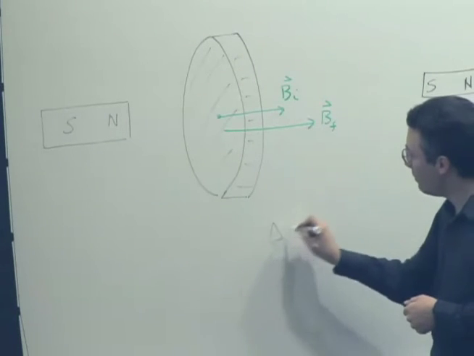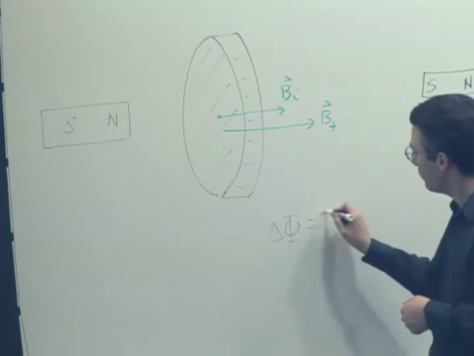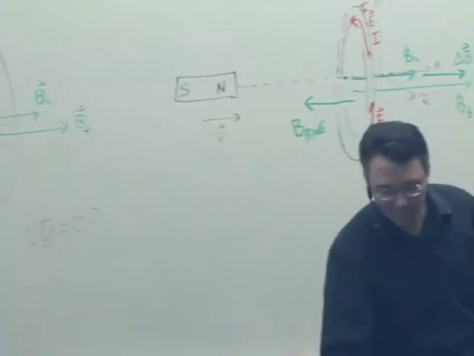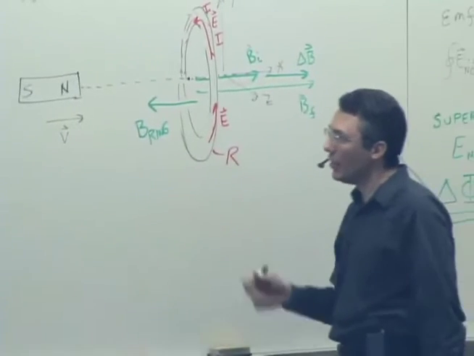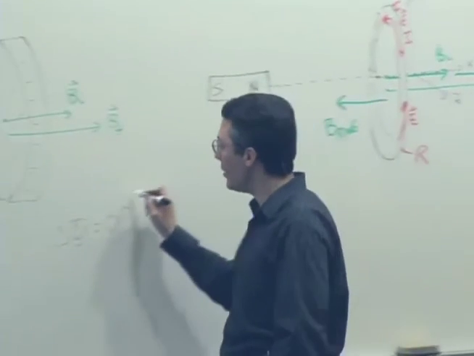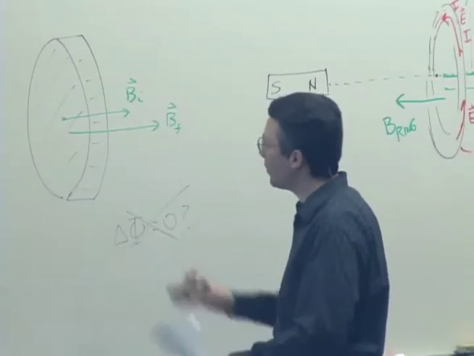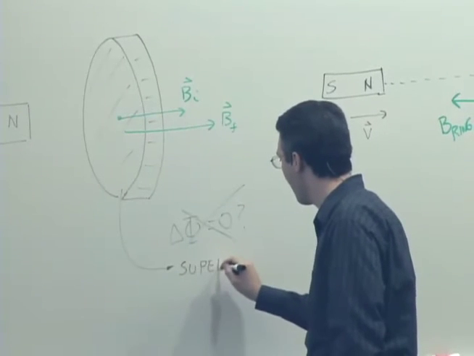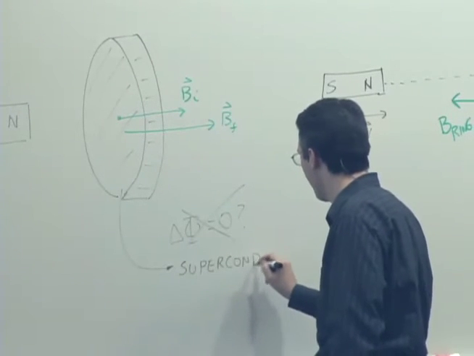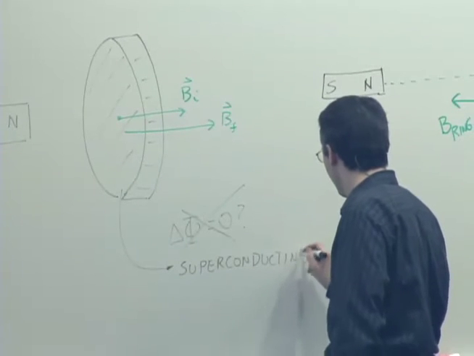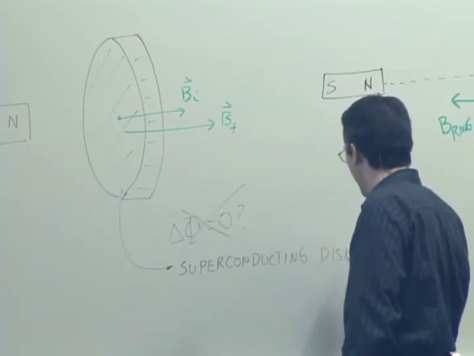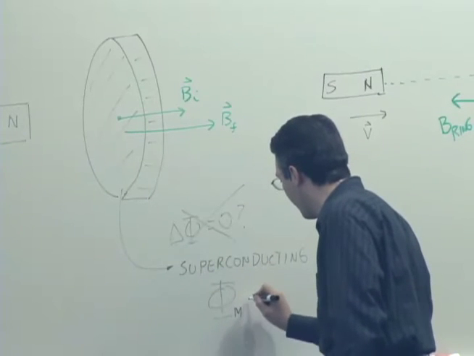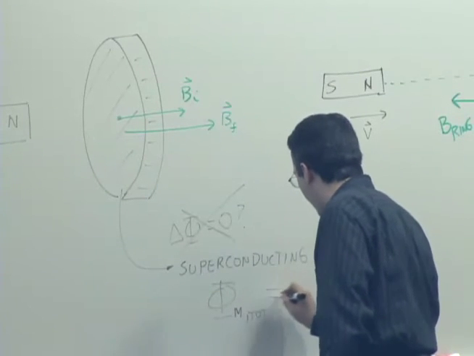Well, it turns out it's different still, let's put it that way. It's not just that the change in flux is equal to 0. For a superconducting disk, the total magnetic flux has to be equal to 0.